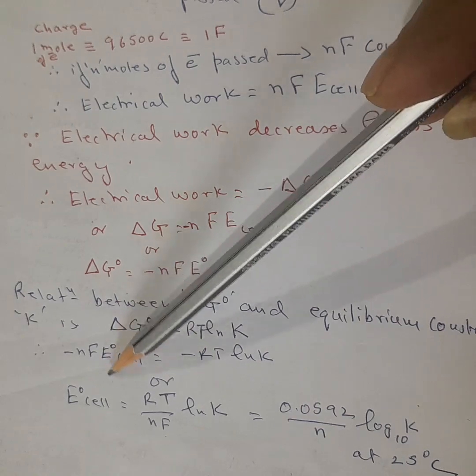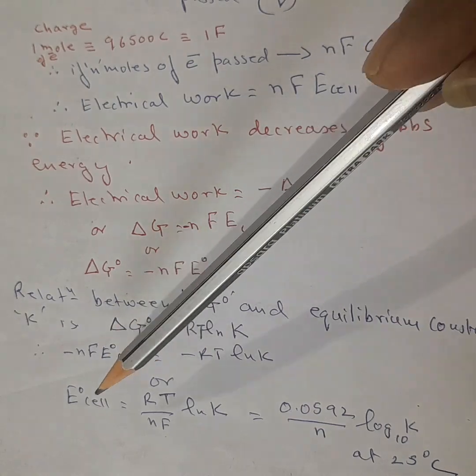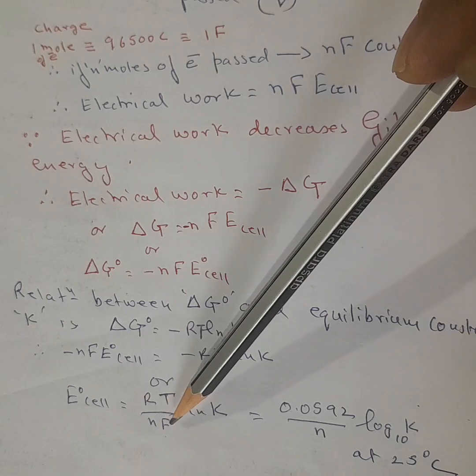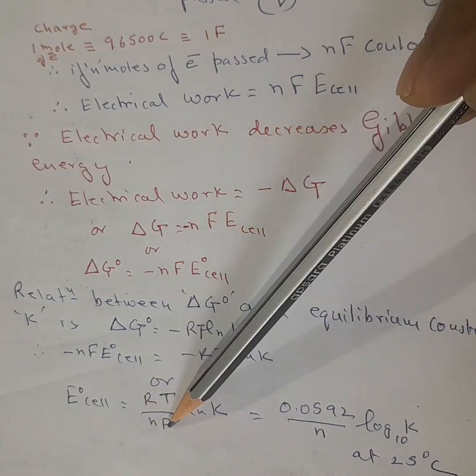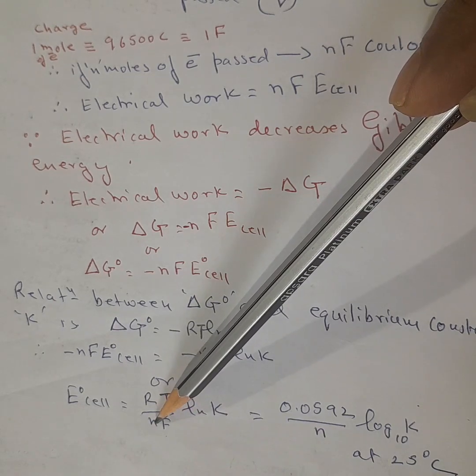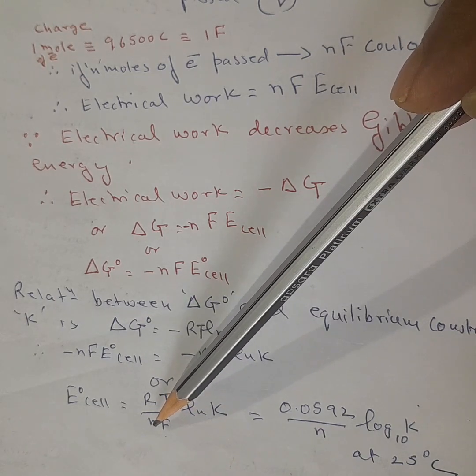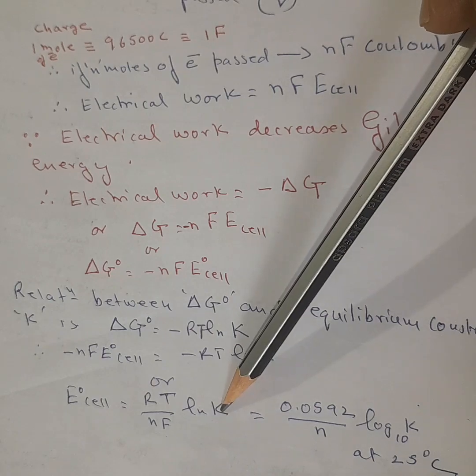Or if we just want to determine E0 cell, so I take nF below. So it becomes RT over nF, where we know F is Faraday and n is number of electrons involved in redox reaction, and K is equilibrium constant.